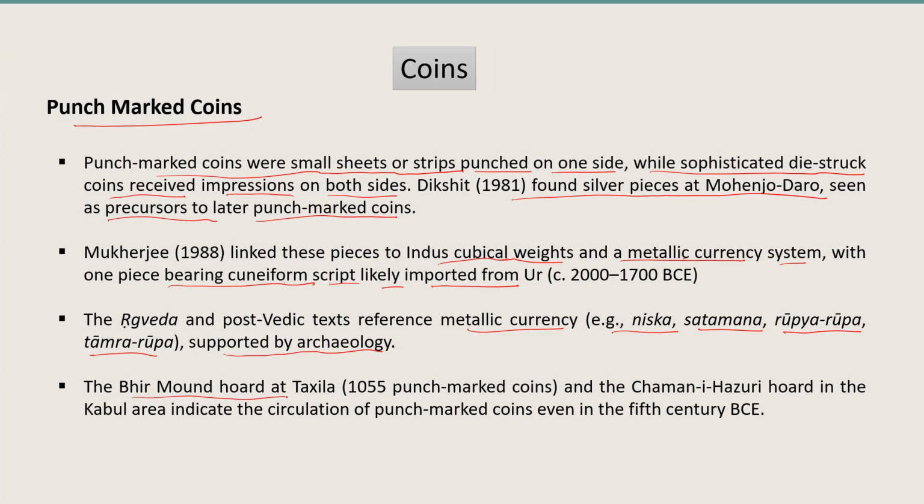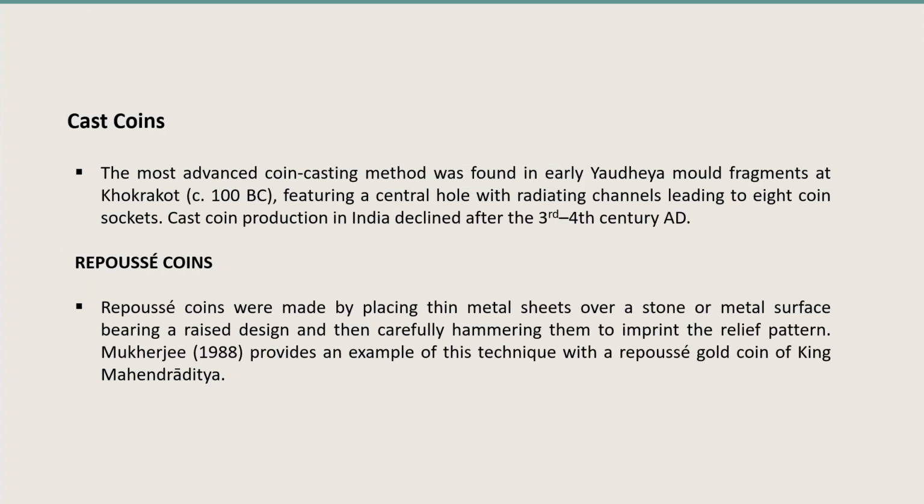The Bhir Mound hoard at Takshashila with 1055 punch marked coins and the Chaman-e-Hazuri hoard in the Kabul area indicate the circulation of punch marked coins even in the 5th century BCE.